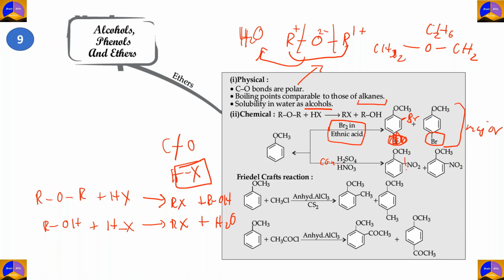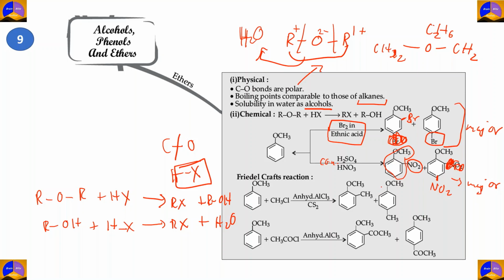So an ether with this group is known as nitroanisole. And yet again, we have both ortho nitroanisole and para nitroanisole. And over here, the para nitroanisole is again the major product, so it's found in more quantity.